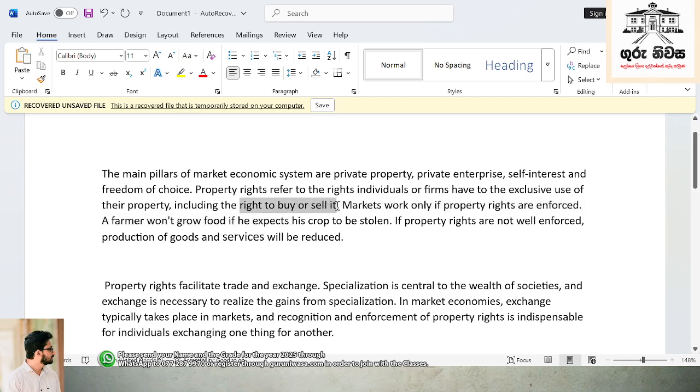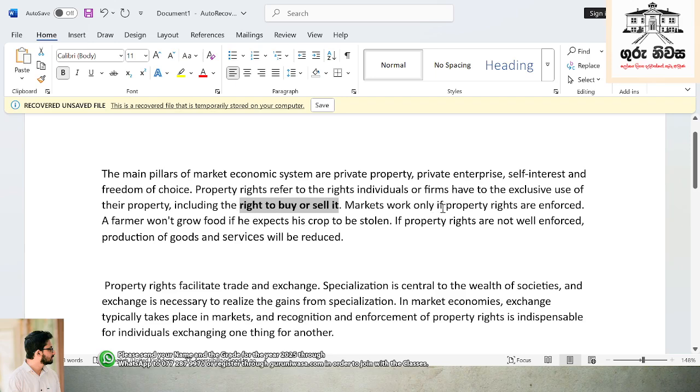If you have property rights, you can buy or sell it at any time. Assume you own land, you can sell it at any price, especially at a higher price. And if you want, you can exchange your property with someone else. But if you have a rented house or rented land, can you sell it at a higher price? Oh my God. You will be given a lifetime in prison.